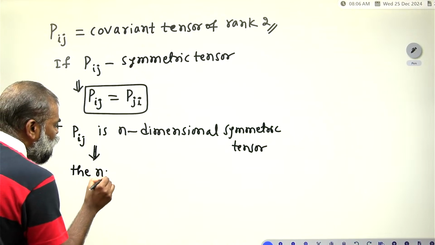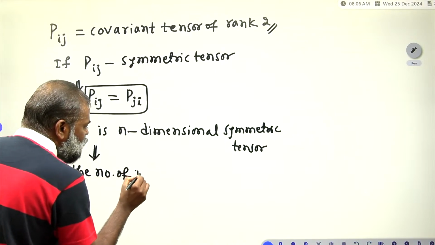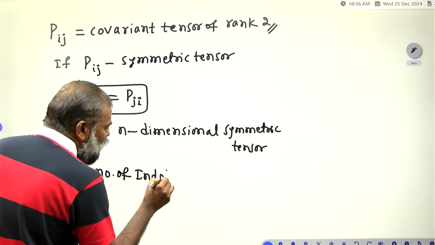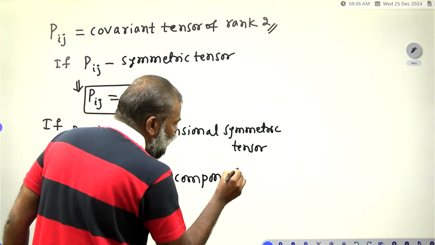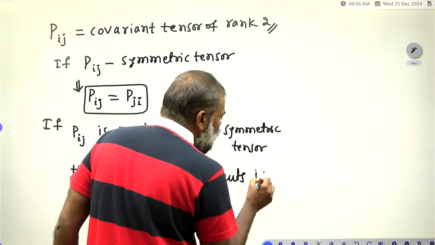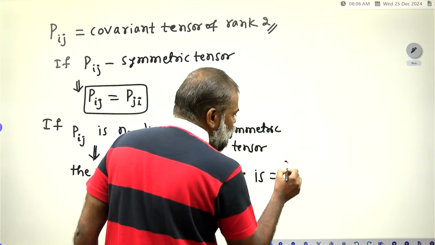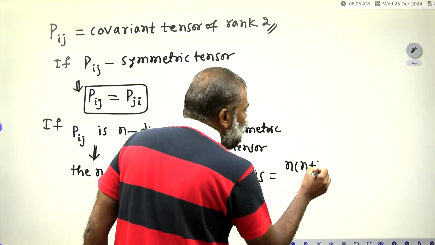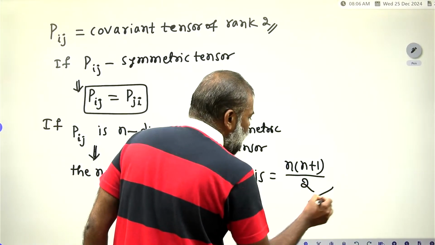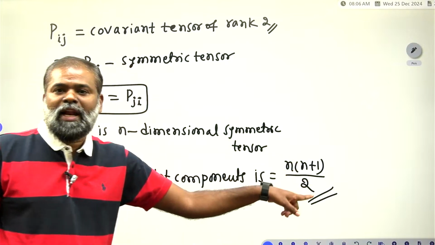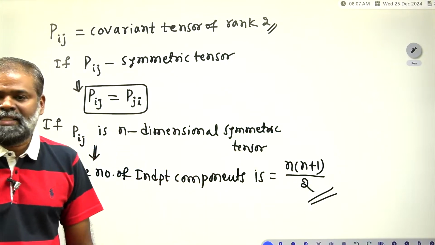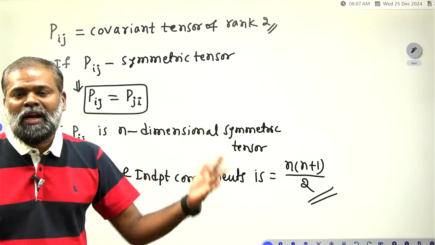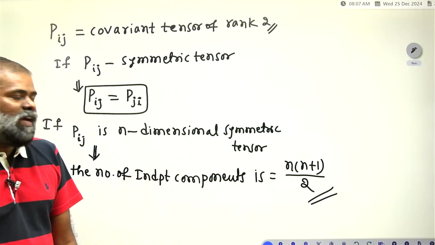The number of independent components of a symmetric tensor is equal to n into n plus 1 divided by 2. That is n square plus n divided by 2, while for the anti-symmetric it is n square minus n divided by 2, or n into n minus 1 divided by 2.